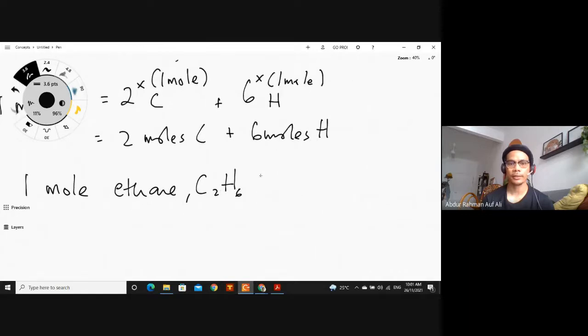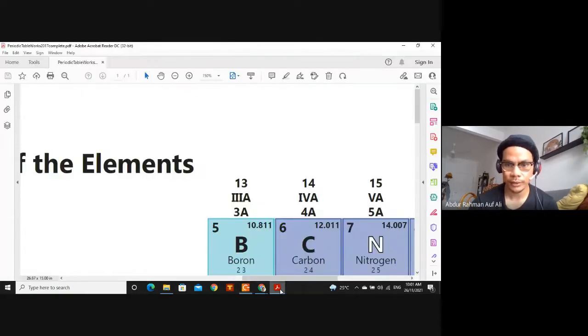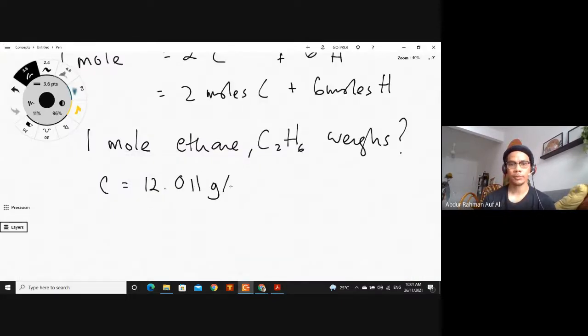So how do we calculate this? Apa soalannya? Weights, berat dia berapa? Kamu kena tahu berat each of the atoms. So kita tahu carbon berat dia 12 point, berapa tadi saya lupa dah. Exactly, 12.011 grams per mole. Tulis dia punya.